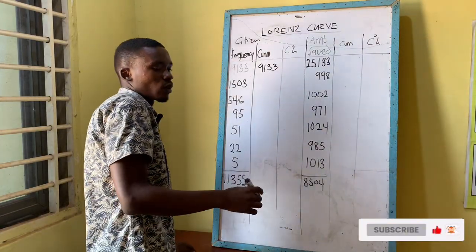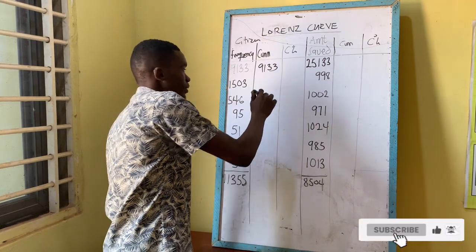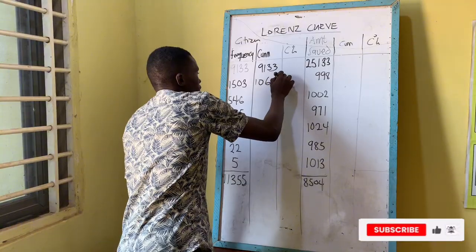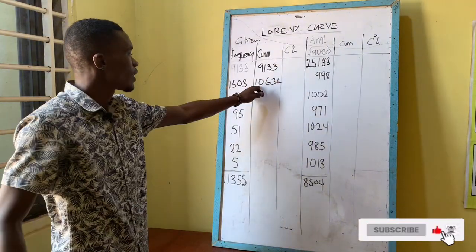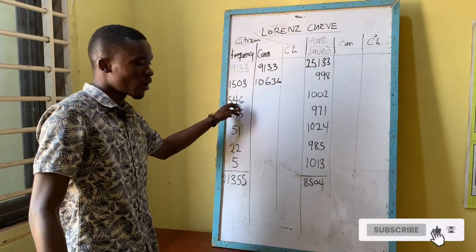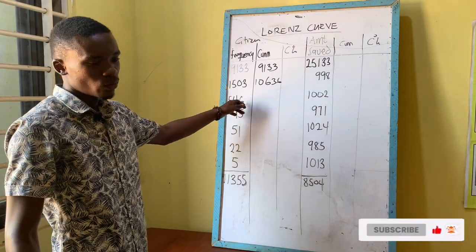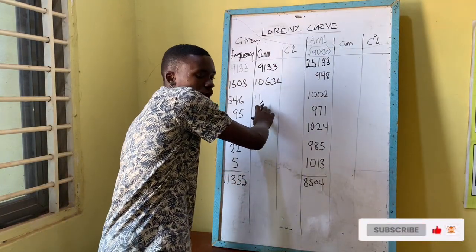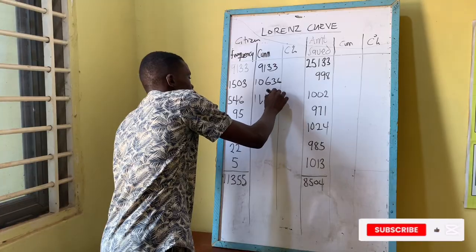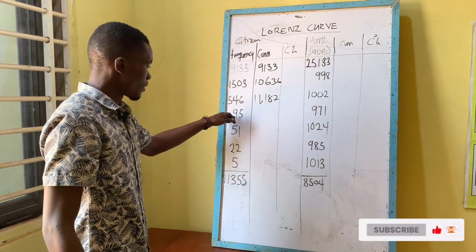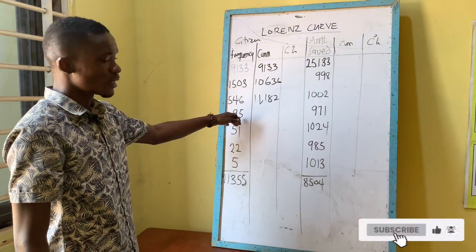You add it to the next one, which will give you 10,636. Then you add the 10,636 to the 5,406, which will give you 11,182. So you add 11,182 to the preceding one, which is 95.